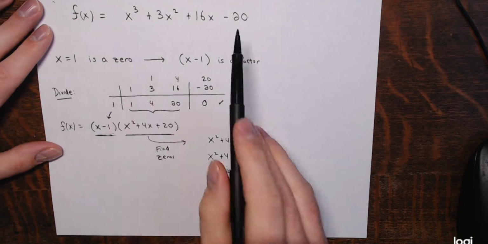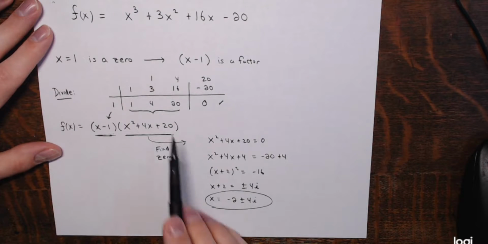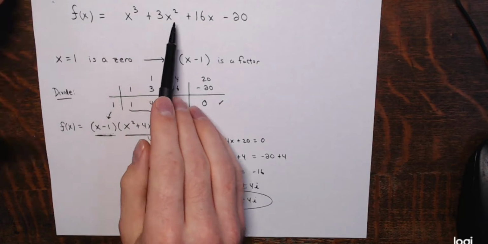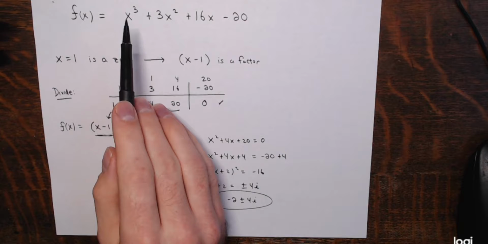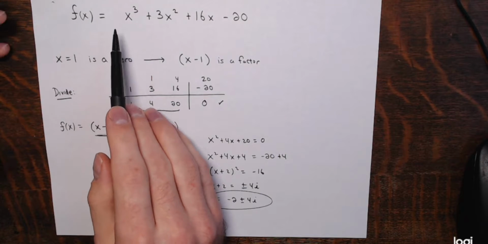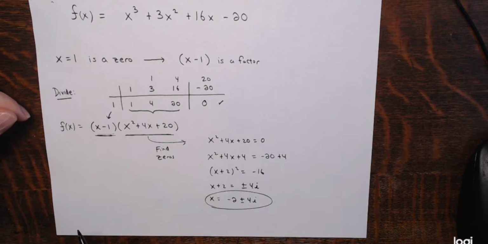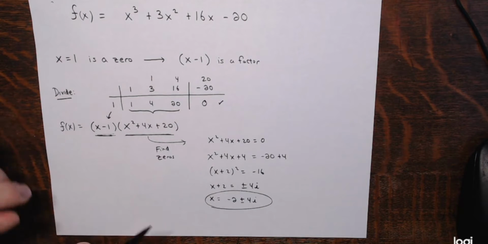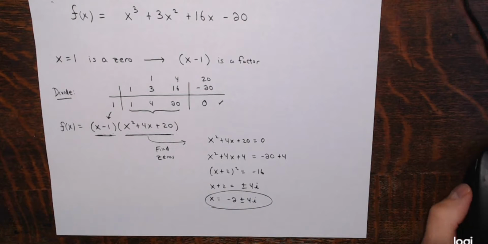So 1 works, but so do these. And you can check them. Plug in negative 2 plus 4i for x and then multiply it out. Now that would be kind of annoying. And remember also that i squared is negative 1, i cubed is negative i, and all that. And you would simplify, and it would end up simplifying to be 0. But I know I did this correctly, so I'm just going to take my own word for it here.